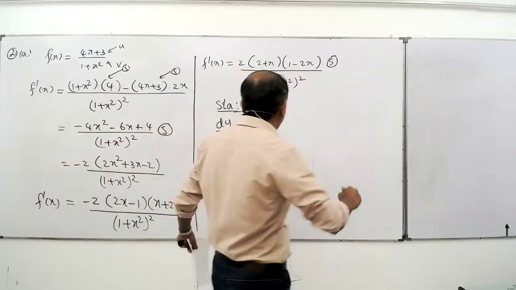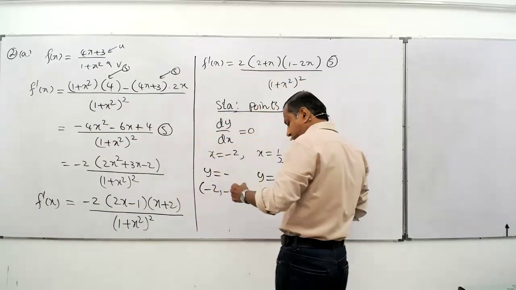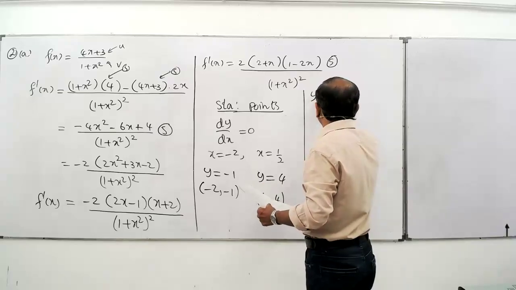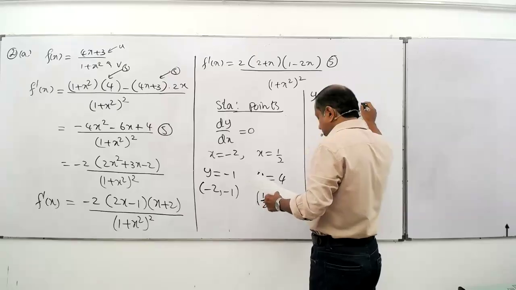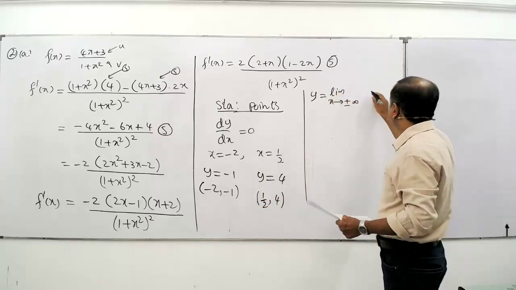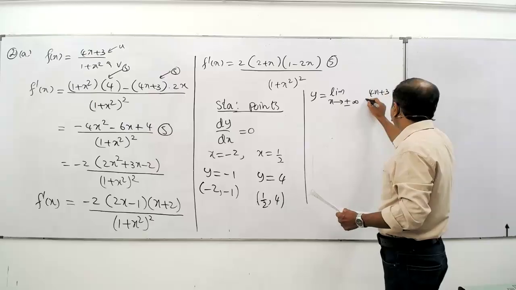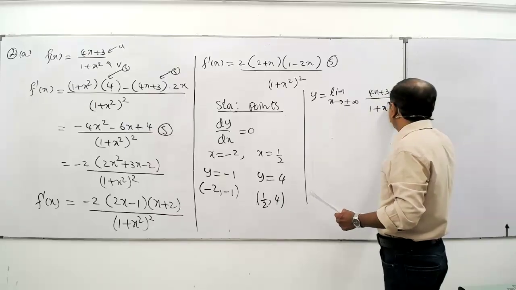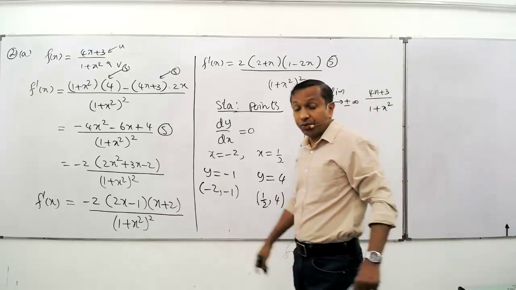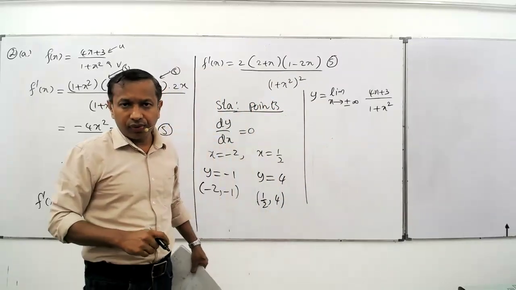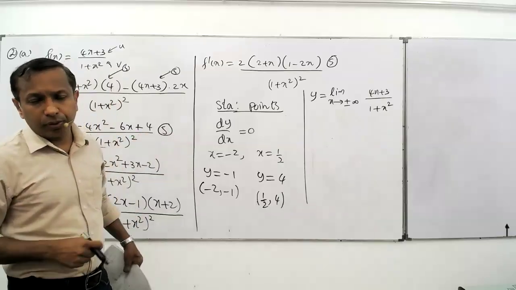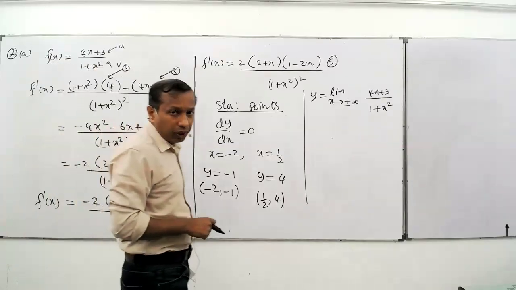We'll find that also. y equals the limit as x goes to plus and minus infinity of 4x plus 3 over x squared plus 1. Here, people, it is tested because we learned limits. You get some marks for this, though you can do this mentally.